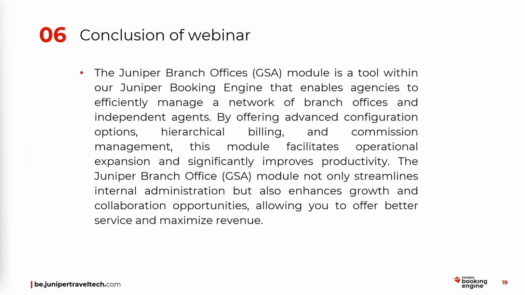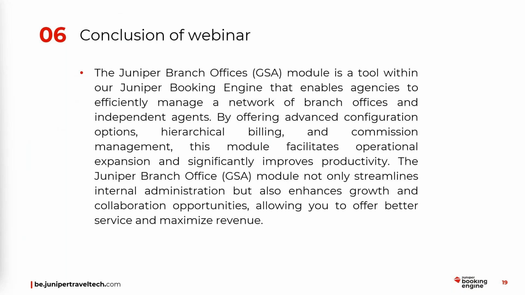So the Juniper Branch Offices GSA module is a tool within our Juniper booking engine that enables agencies to efficiently manage a network of branch offices and independent agents by offering advanced configuration options, hierarchical billing, and commissions management.